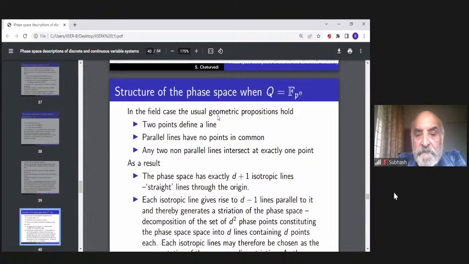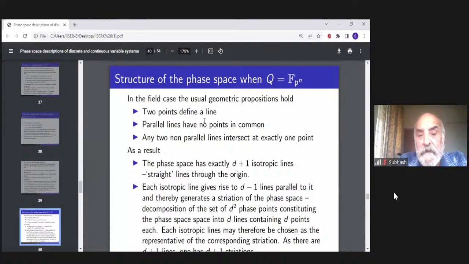As a result, the phase space has exactly d+1 isotropic lines or straight lines through the origin, and hence each isotropic line gives rise to d-1 lines parallel to it, and therefore generates a striation of the phase space.